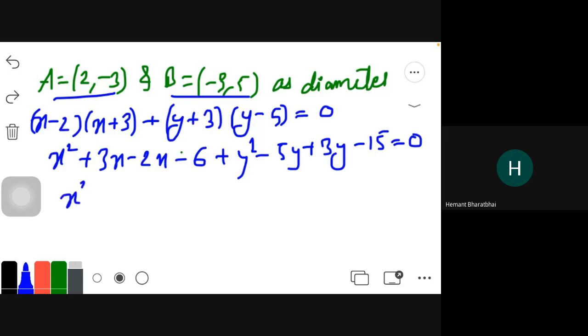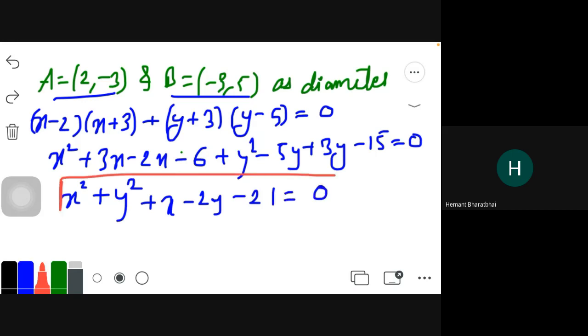So I'll get the equation of the circle as x square plus y square plus x minus 2y minus 21 equals to 0. So this is the required equation of the circle. I had to find out the equation of the circle which is passing through the 2 points, and these 2 points are nothing but end points of the diameter.